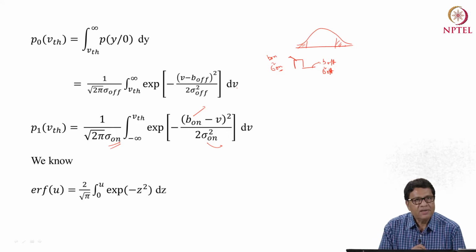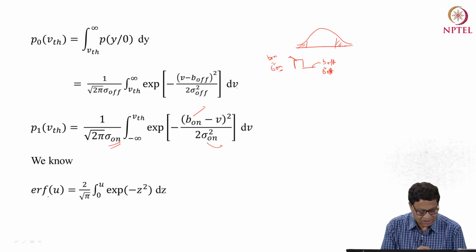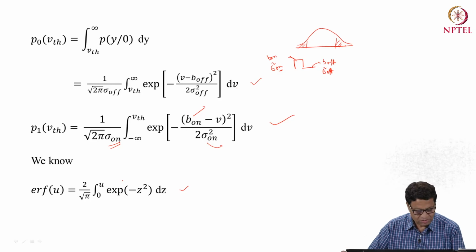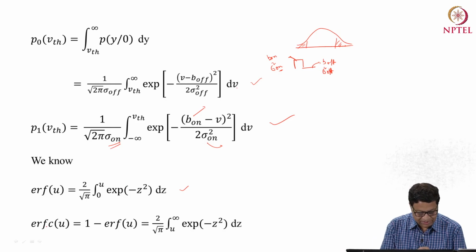So there are standard expressions for error function. ERF u is defined as 2 by root pi, integral from 0 to u of exponential minus z squared dz. And if you see these expressions here, these two are of this form. If I slightly change, I can write in error function form. And the complementary error function is 1 minus error function u, which is given by the same expression here.